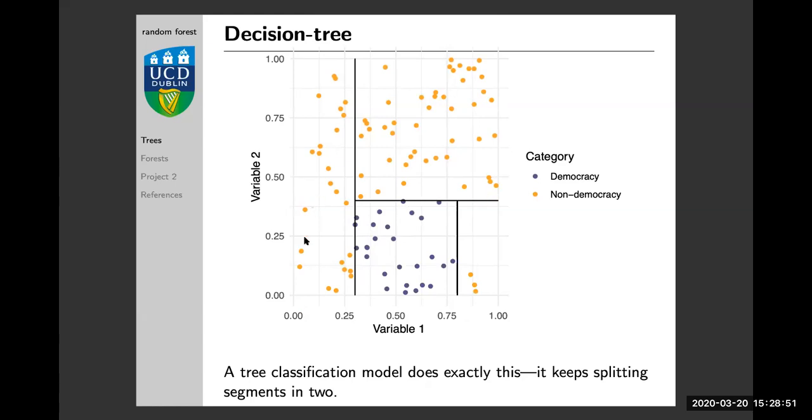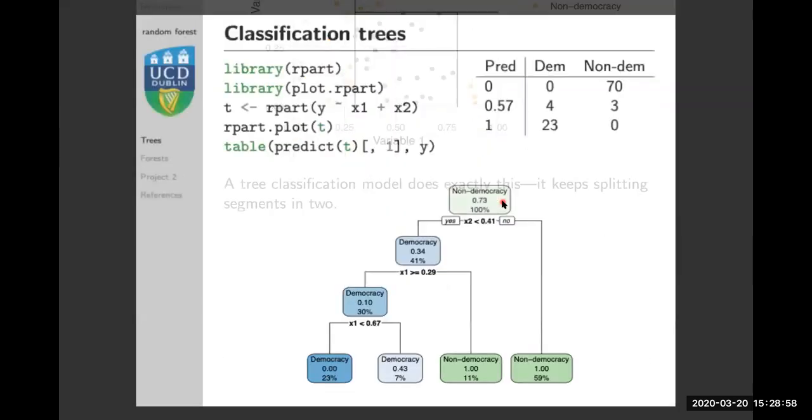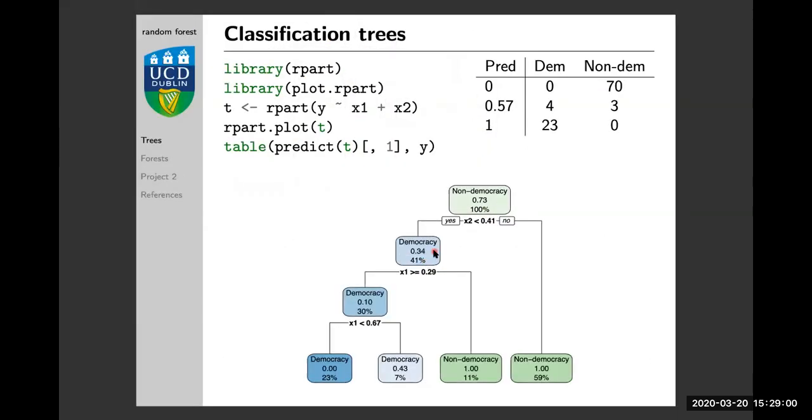Here, there's far more democracies than here. So now, if we don't know anything other than this bar, we would probably predict that it's a democracy. If we then also know that x1 is greater than 0.3, there's even more democracies, and we also know that x1 is less than 0.67, then we are pretty confident. If we know that we're above this horizontal line of 0.4, then we know it's not a democracy. And also, if it is less than 0.3 on the left, we know it's a non-democracy.